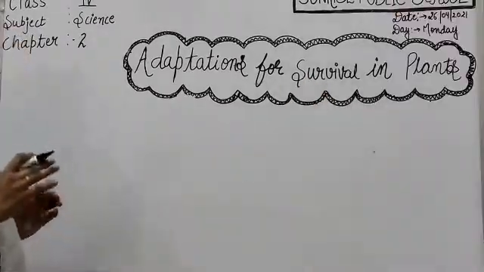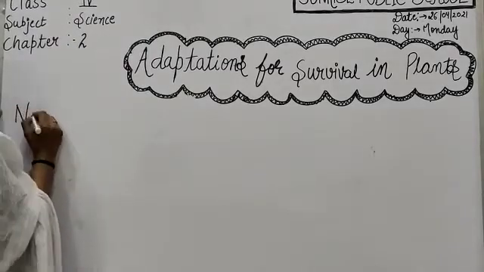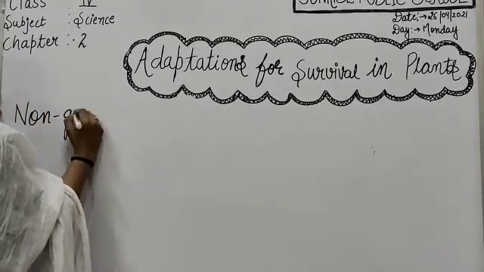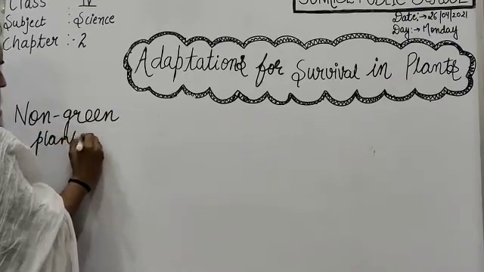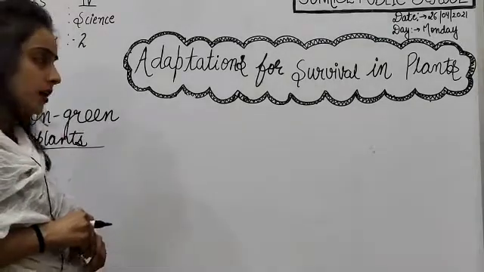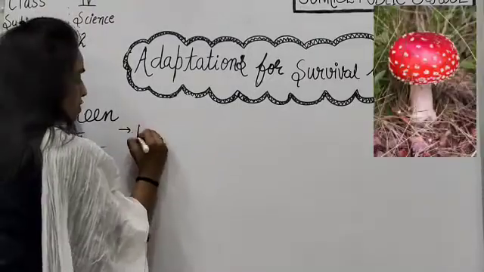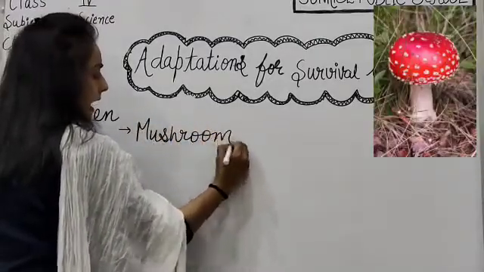Now we are going to discuss some non-green plants. As we studied in the last chapter, we studied two of these plants. Their names are mushroom and mold.